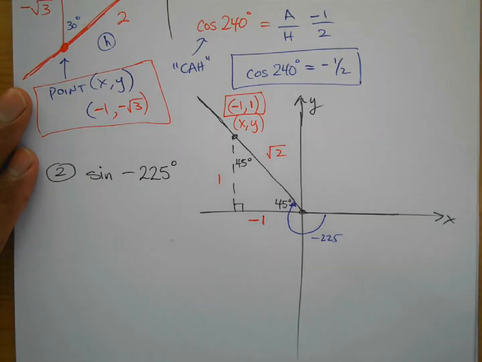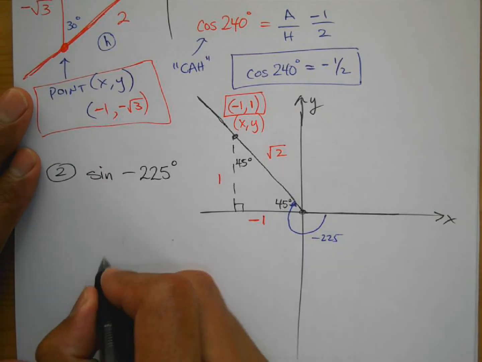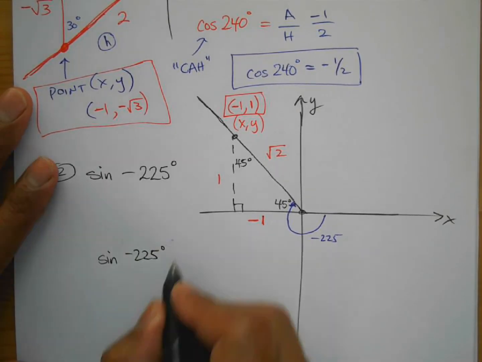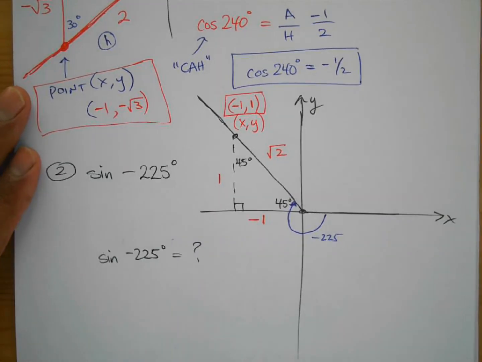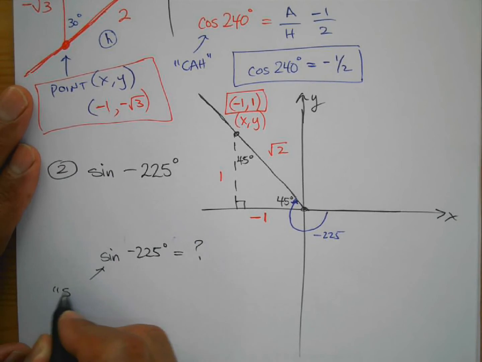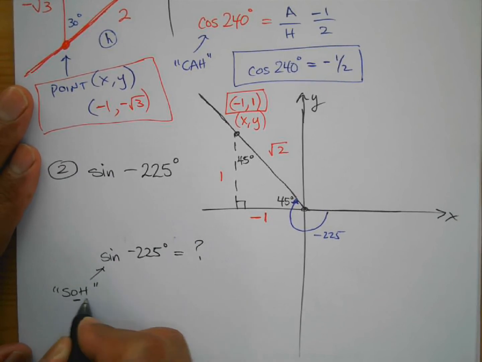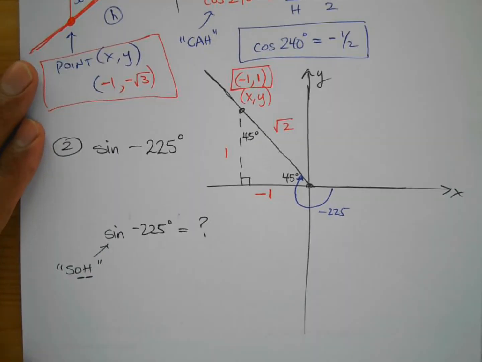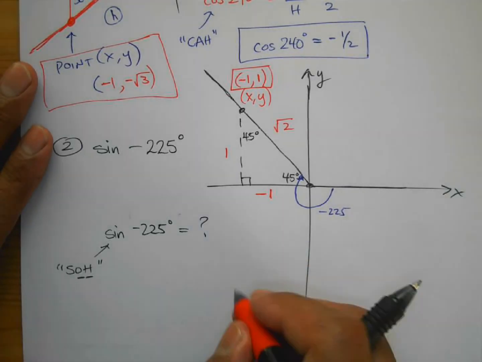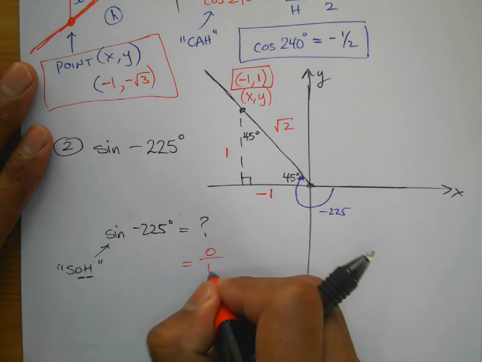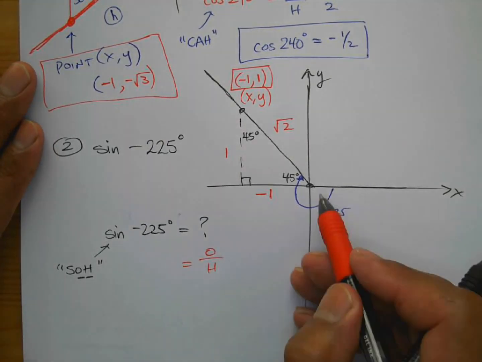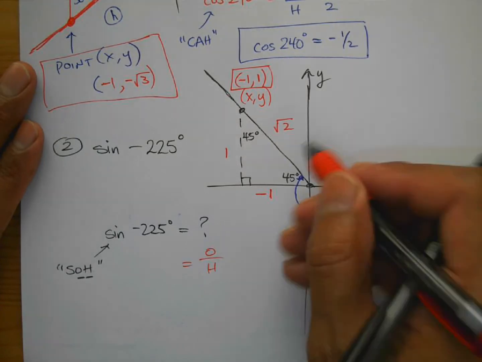Okay, so give me the exact value now. The exact value for sine of negative 225, what do I have to do? Well, if the function is sine, I know, remember SOH CAH TOA, that means it has to be O over H. Sine has to be opposite over hypotenuse. And which one's the opposite side?